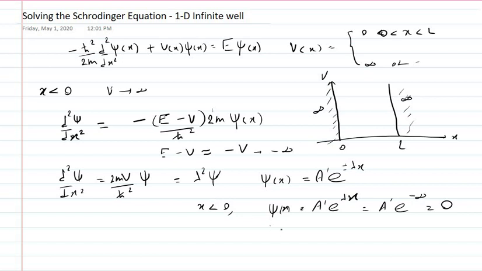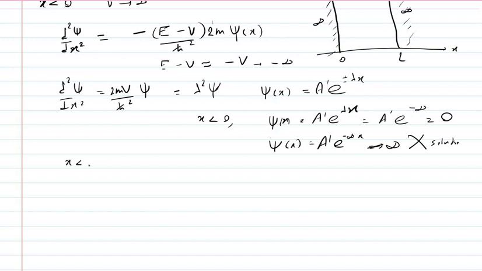So what happens when it is minus lambda? A prime e to the minus infinity times x, this everything goes to infinity. It's not a solution. This means when x is less than 0, the wave function is equal to 0.